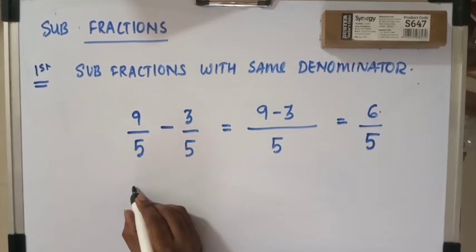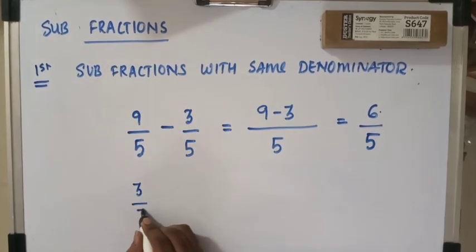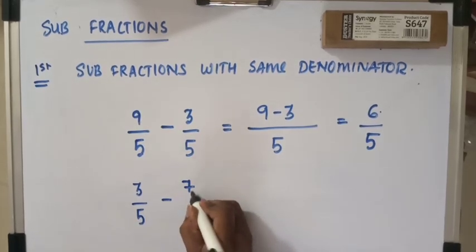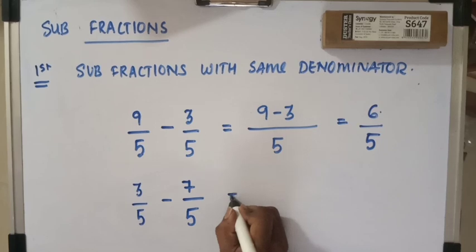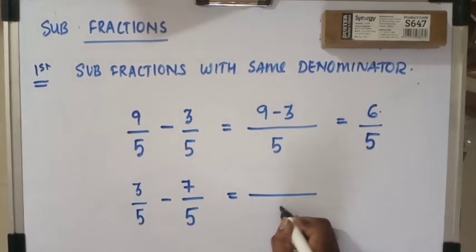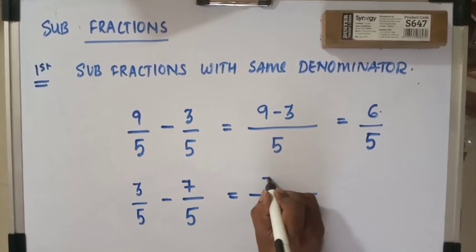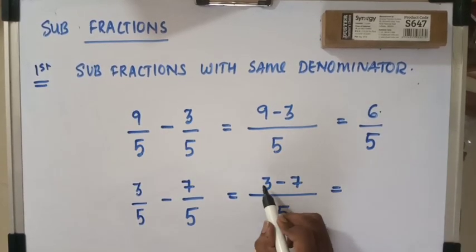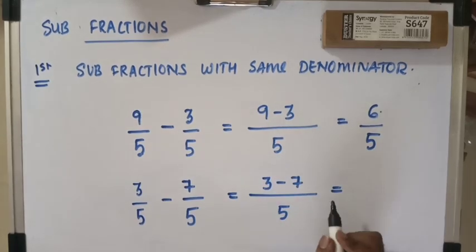Say I have the same thing, 3 upon 5 subtracted from 7 upon 5. The denominators are common, so I'll take the common denominator and subtract the numerators. Now children, have a look here. This is positive, this is negative. Plus minus gives you minus.